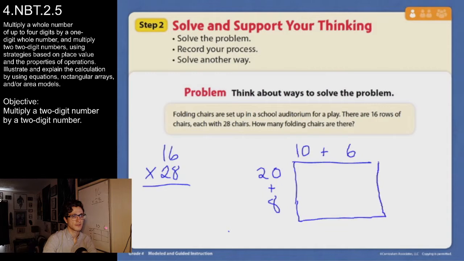So once we have that part of the model filled out, we can begin to fill in each box. To get started with that, let's go ahead and set up the multiplication that's going to occur within each quadrant here. We have 20 times 10. We have 20 times 6 here.